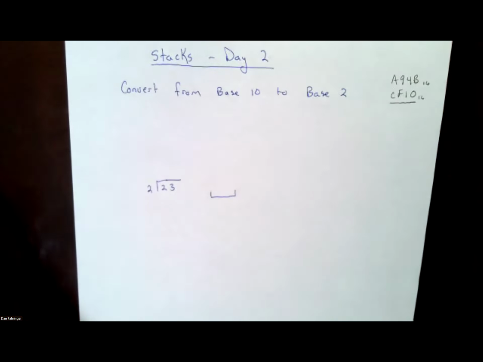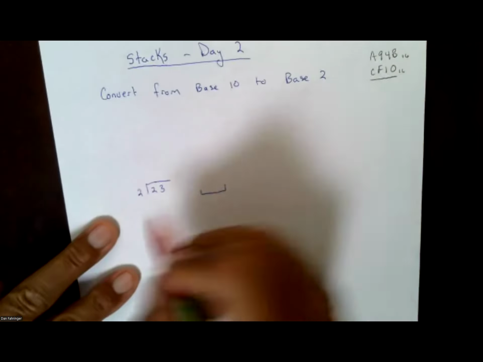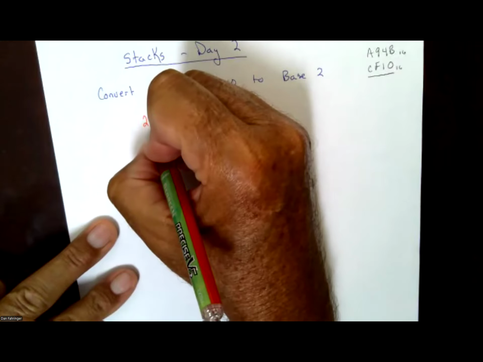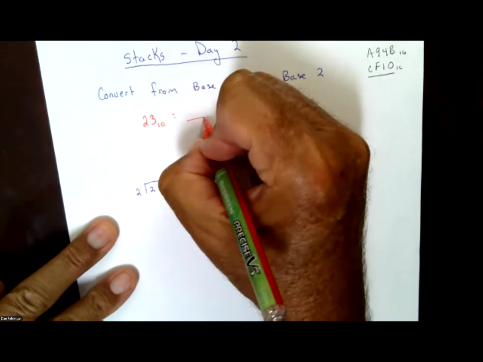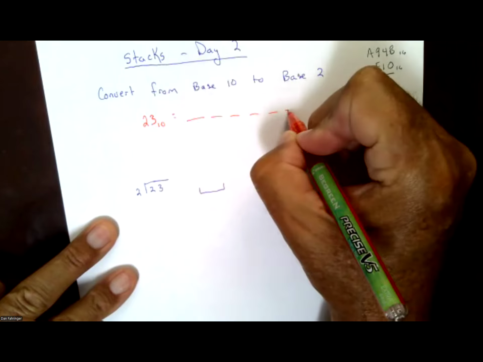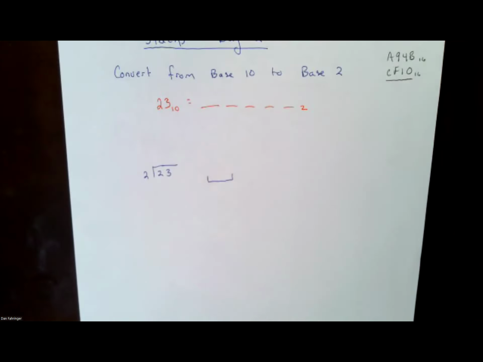So I'm going to have this base 10 number, and we're going to use 23, and it's in base 10. And what does that equal? I don't know how many digits it is, but I know it's going to be several digits. What does that look like in base 2? Now, some of you take discrete structures and you do some work with that.